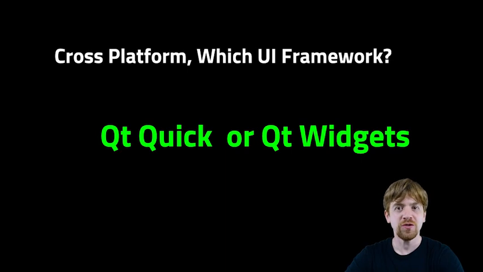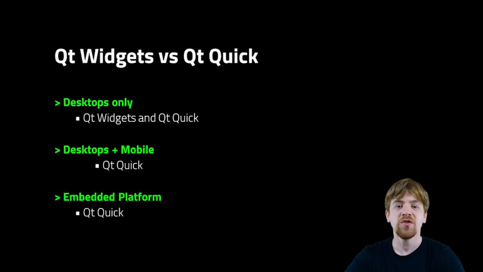But first of all, to deploy for these two different platforms, we need to choose between two Qt technologies: Qt Quick with QML or Qt Widgets. The thing is, for which platform Qt Quick and Qt Widgets are the best.